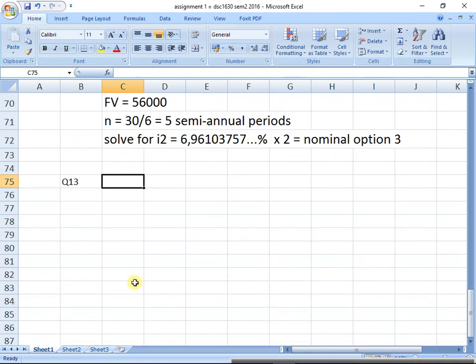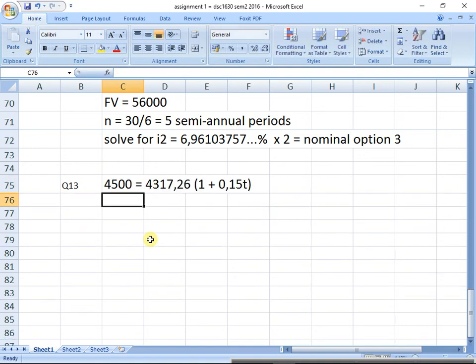Okay, 13, keyword that stands out here: simple interest. There was a lot here in simple interest. So 4,500 equals 4317.26, open brackets, 1 plus rt, which was 0.15t. Solve for t and you should get 0.218515 years.